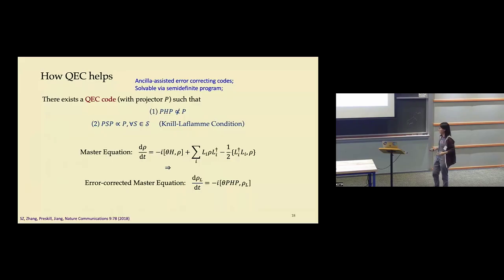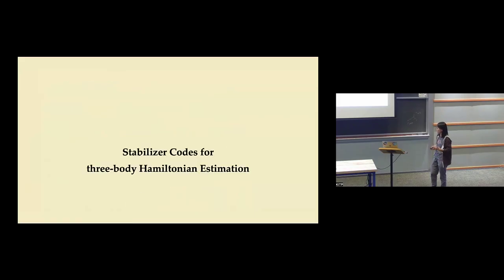Also, this code does not come in the stabilizer formalism, which is the most common formalism people use in quantum error correction. So now we can ask the question: can a stabilizer code help in this case? And this brings us to the final section of my talk, which is the stabilizer code for three-body Hamiltonian estimation.